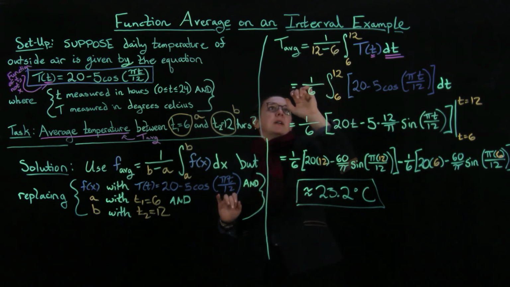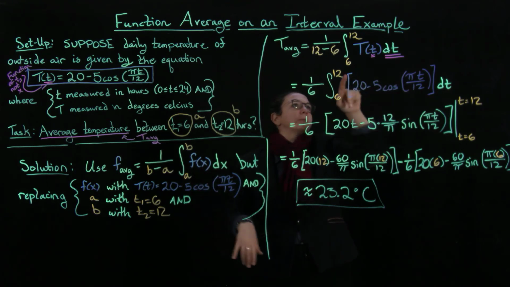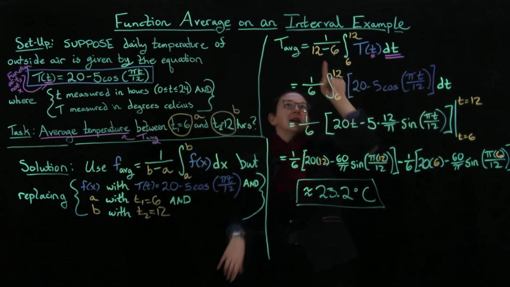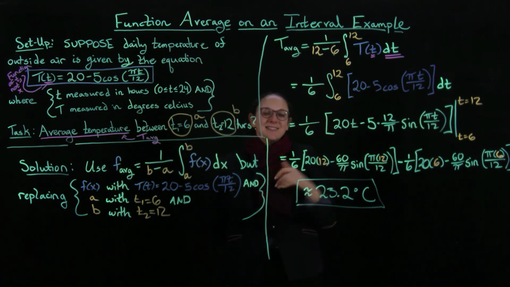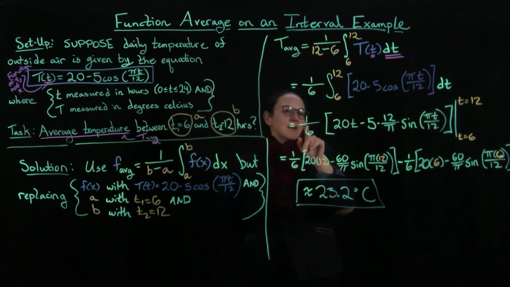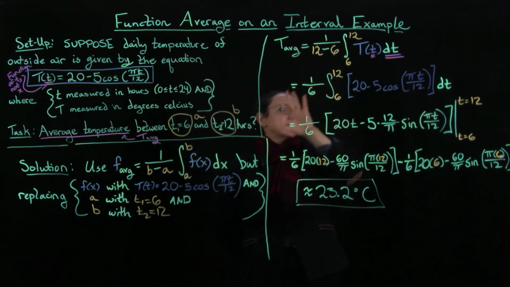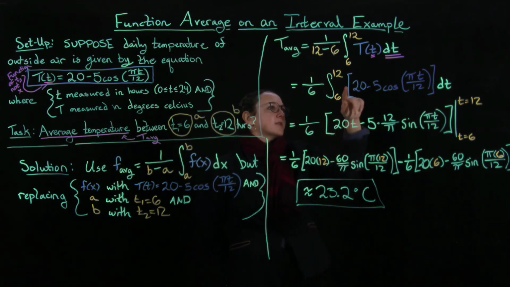So then in this one, all I've done was substitute each of those things in. And here I just put in the function t, and I took 12 minus 6 here. Then I needed to integrate, so I needed to take the antiderivative. So I got the 1/6, that stays out. And then I have 20t, because if I take the derivative of that, I get 20.